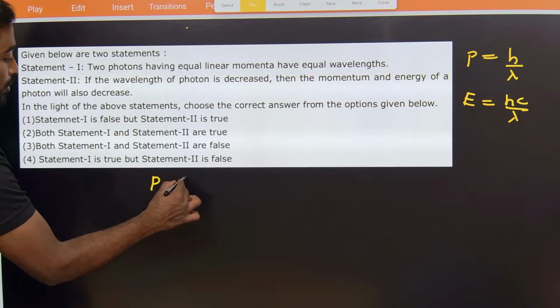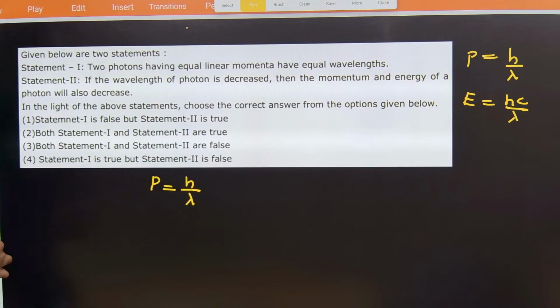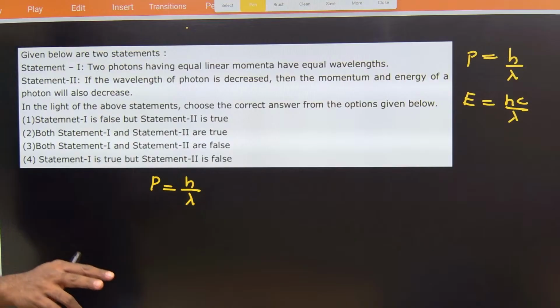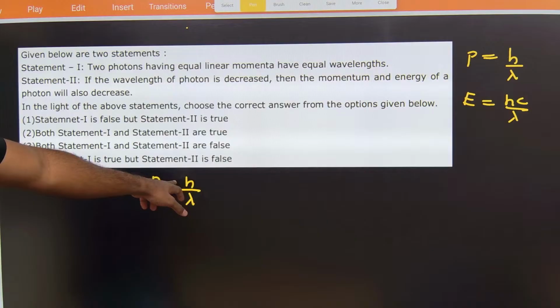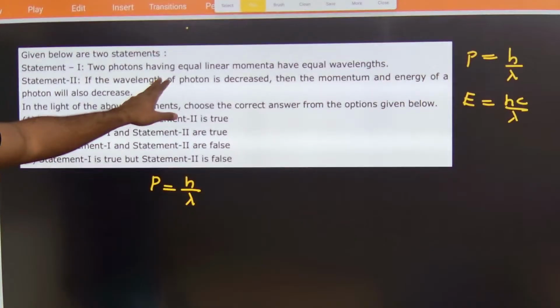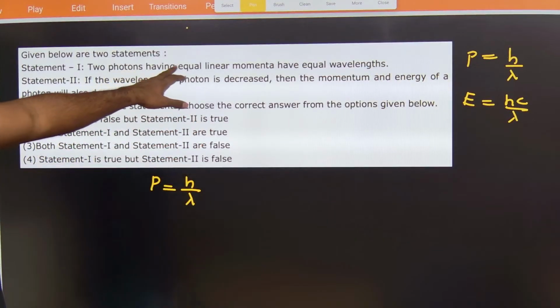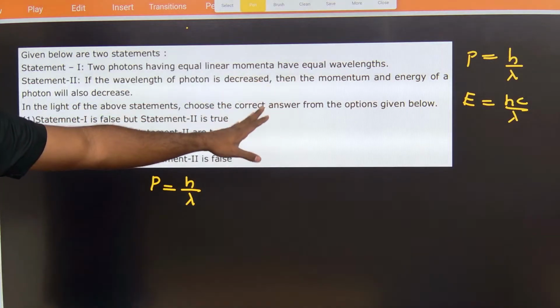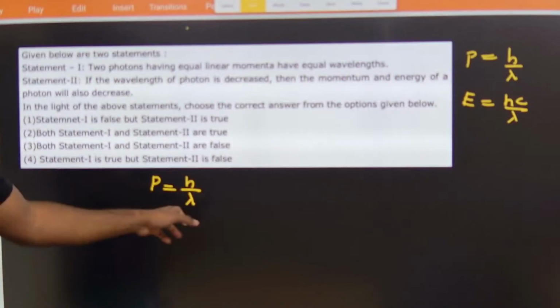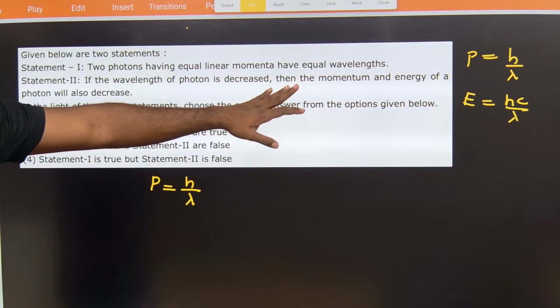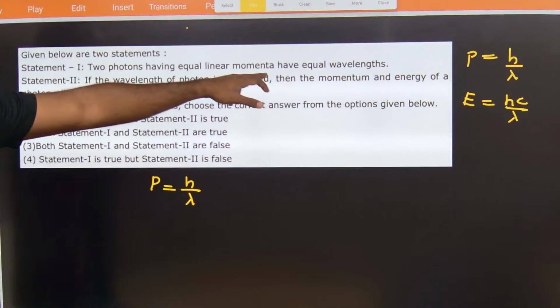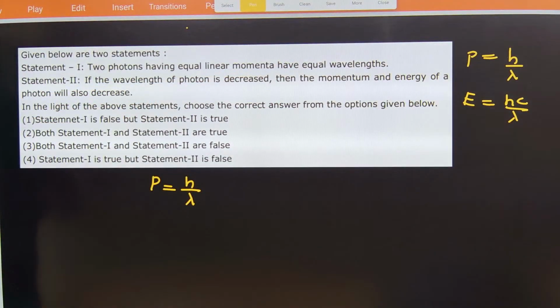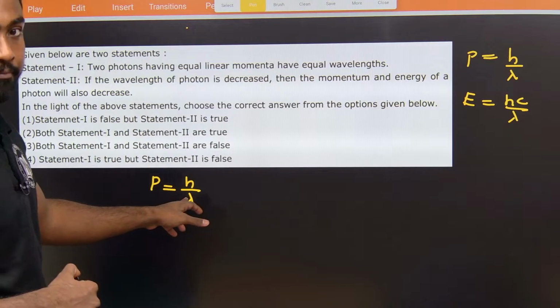P is equal to h by lambda, and h is the same. Photons having equal linear momenta have equal wavelength, and I need to check this using the equation.